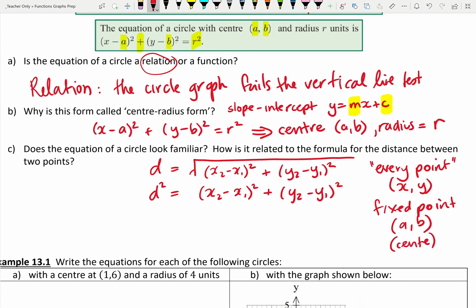So now instead of finding the distance between x2 and x1, what we're going to do is find the distance between every point and the centre in the x direction, and every point and the centre in the y direction. And then when we do that, the distance is no longer the distance, it is now the radius. So that's the connection between the two. In the next little video, I'll go through the next examples and work out how to deal with these circles.